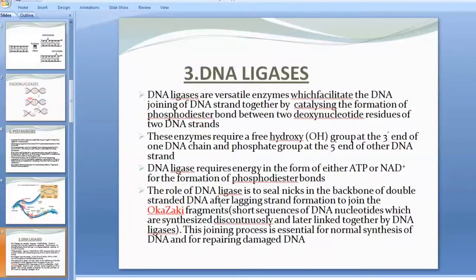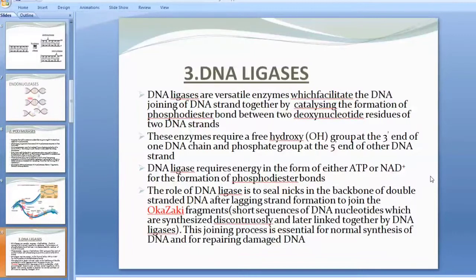Okay, and the role, as I told you, is to seal nicks in the backbone of double-stranded DNA after lagging strand formation to join the Okazaki fragments. What are the Okazaki fragments? These are the short sequences of DNA nucleotides which are synthesized discontinuously and later linked together by DNA ligases.